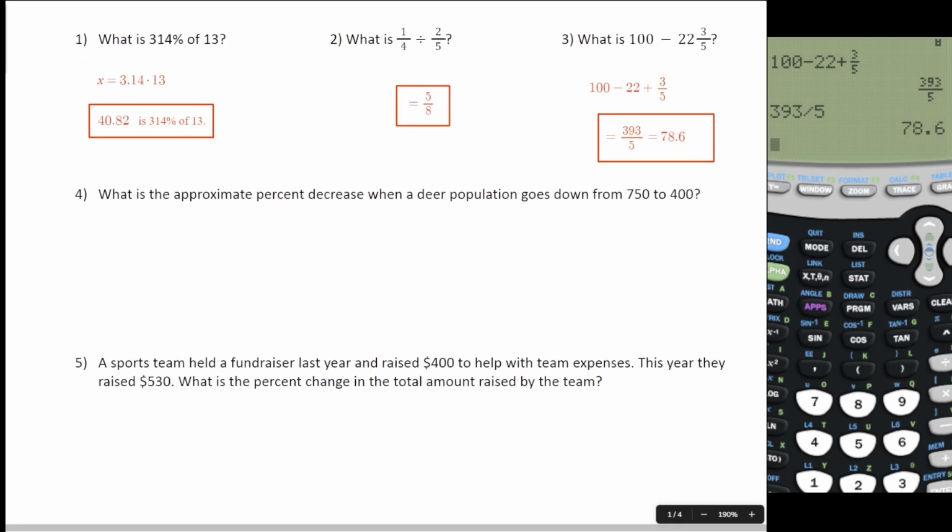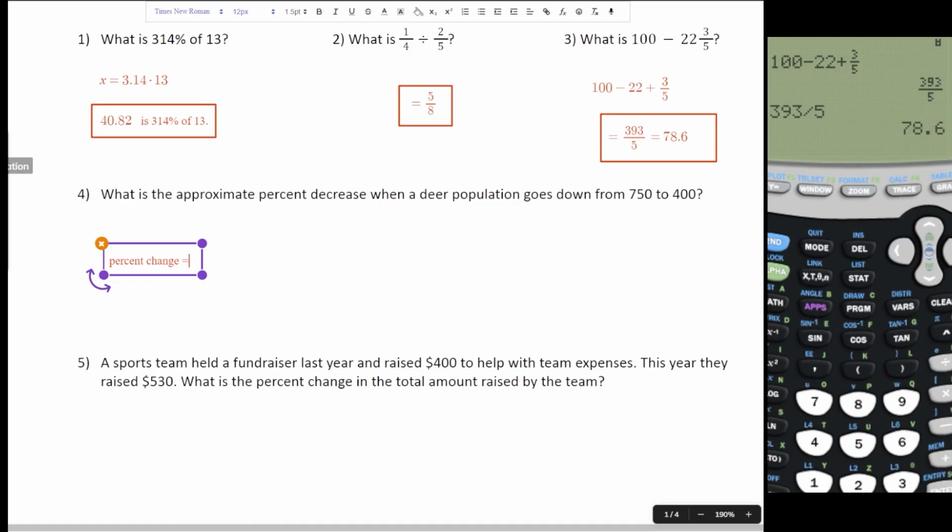Number 4 says, what is the approximate percent decrease when the deer population goes down from 750 to 400? So when we're trying to calculate a percent change, and maybe I'll just go ahead and write that out here, the percent change is going to be equal to, and then it's going to be a fraction, the actual change, so whatever the change happens to be, increase or decrease, plus or minus, divided by the original amount.